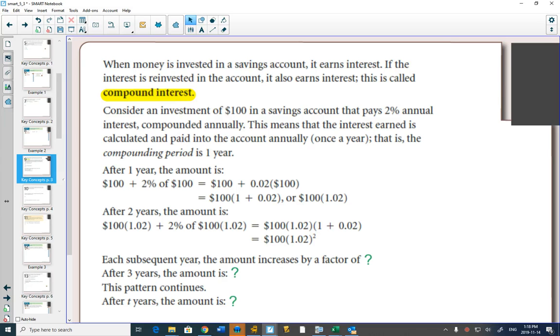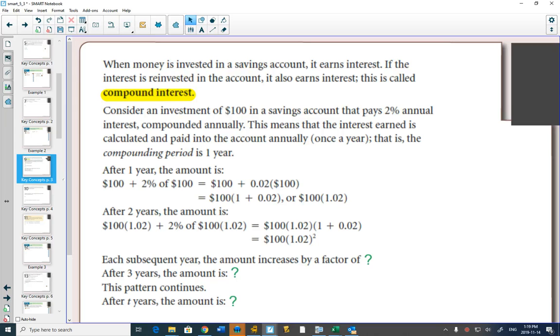So 2% of $101 is $2.02. And since you just have 6 months, you'd be entitled to half of that. And so you would get $1.01. And so if it was compounded every 6 months, at the end of 1 year, you would have $102.01.